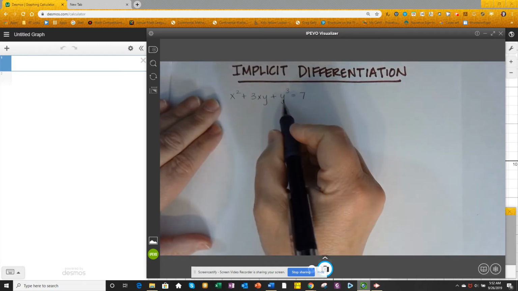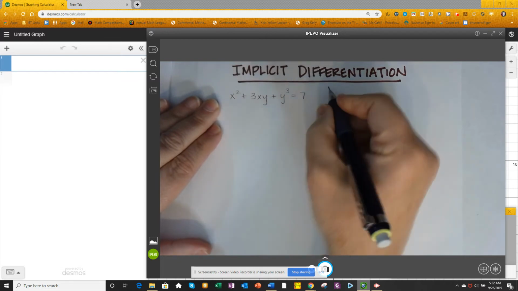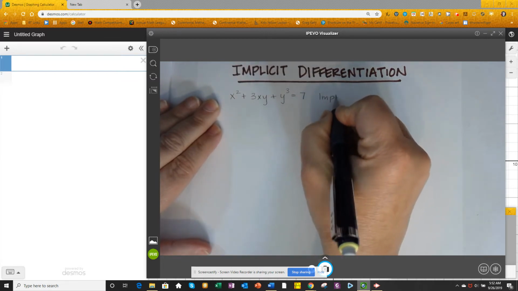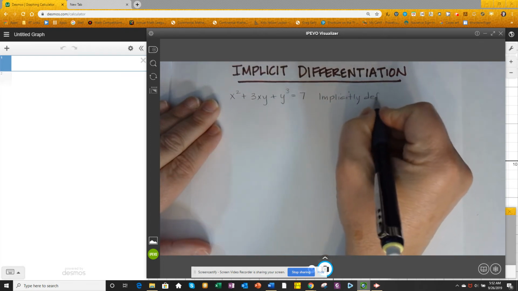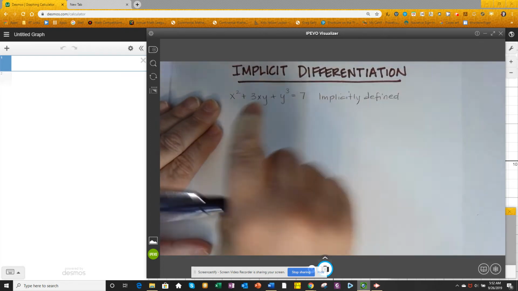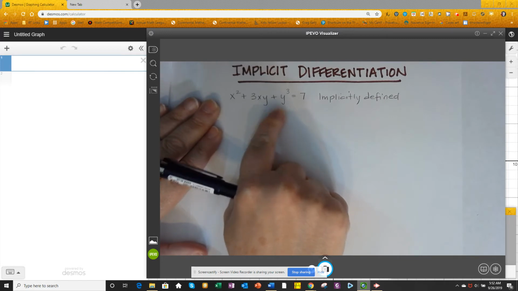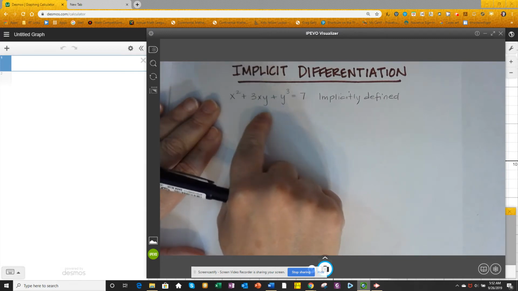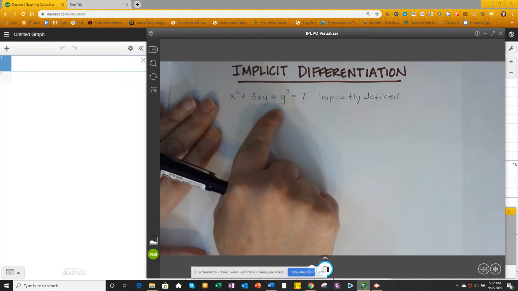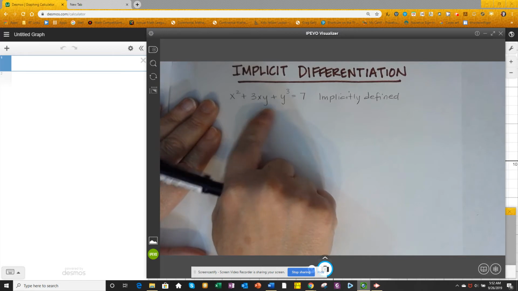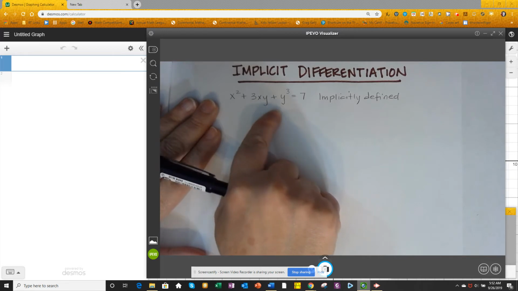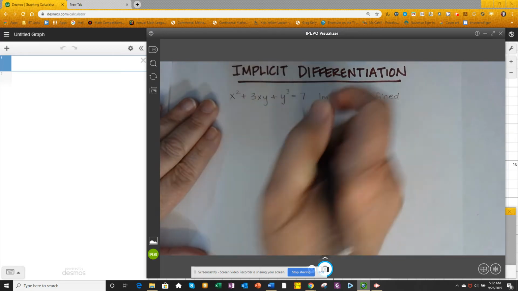It's not explicitly solved for y. So it's implicitly defined, meaning there is some function of y implied. You'd have to solve for y, which would be really next to impossible in this case, because you'd have to isolate the y, and that would be really difficult to do here if possible at all.